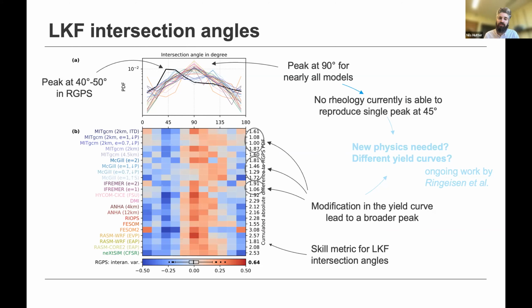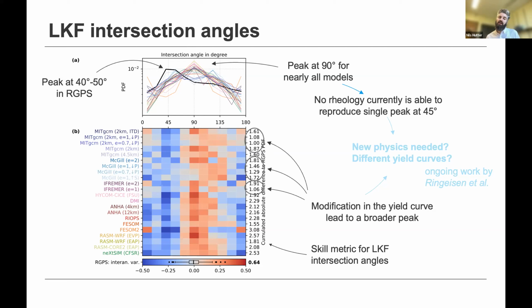However, there are a few simulations which show lower skill metrics. I circled them here in gray, and you can see those are all the ones that basically use reduced ice strength, use reduced ellipse ratios, and vary the ice strength.